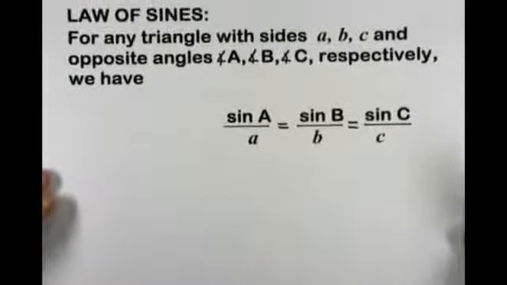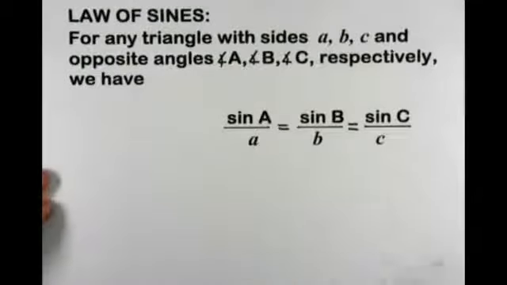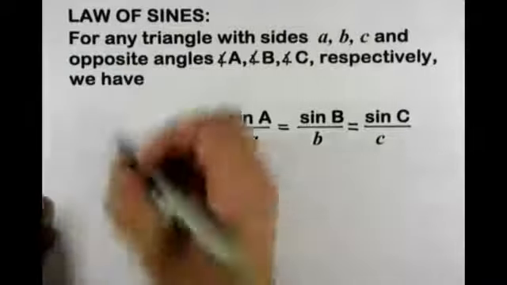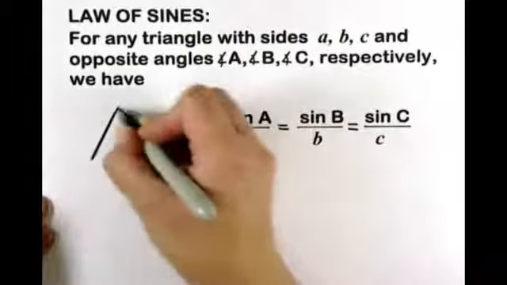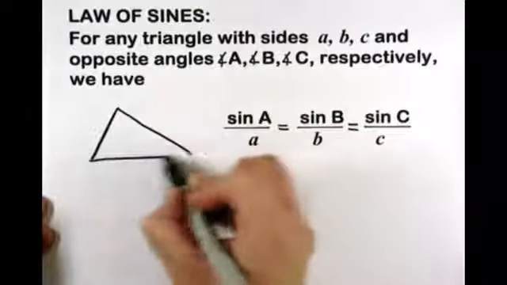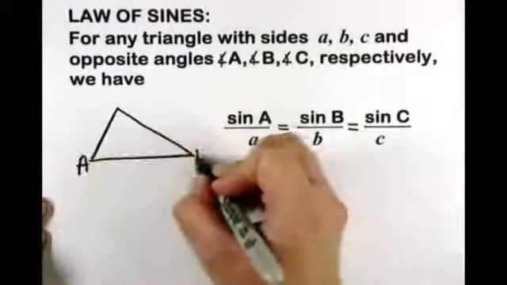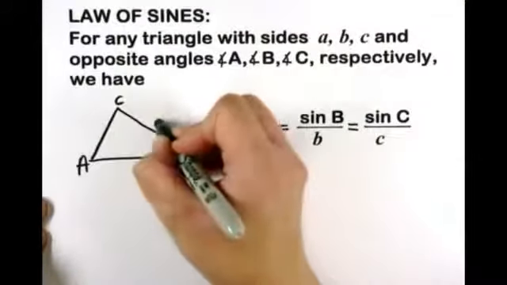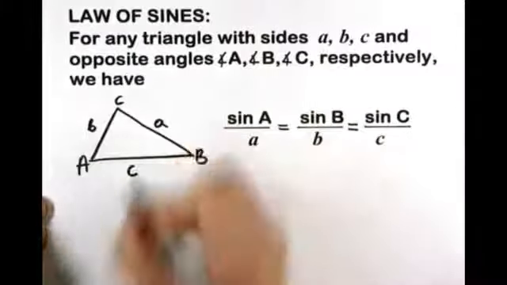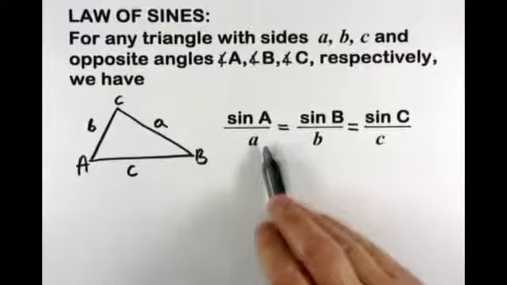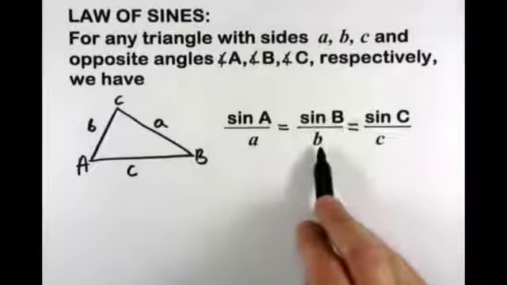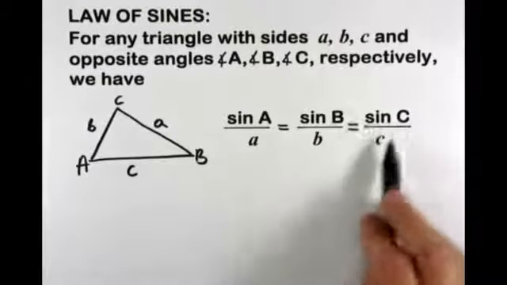So the law of sines says, for any triangle with sides a, b, c and opposite angles A, B, C, sine A over a is equal to sine B over b, and this would be equal to sine C over c.